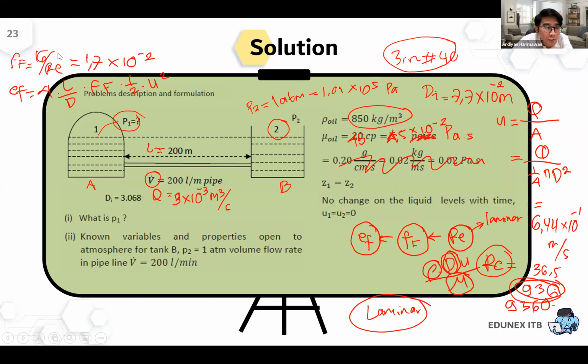But if you are already using 64 divided by Reynolds number, please pay attention, do not use 4 again in the EF calculation. How much? Berapa EF-nya?